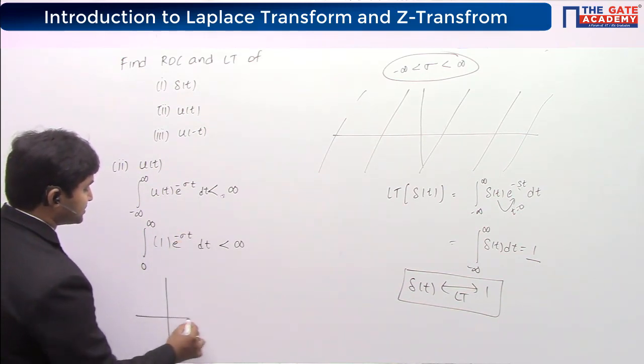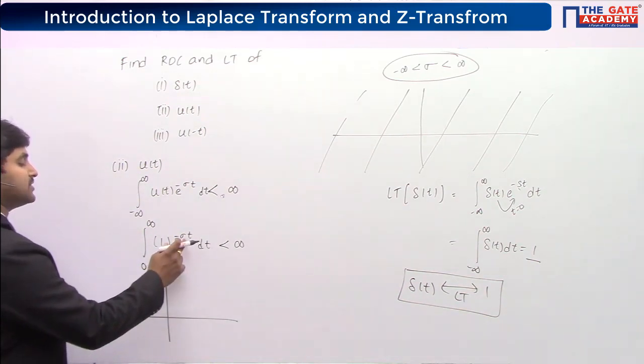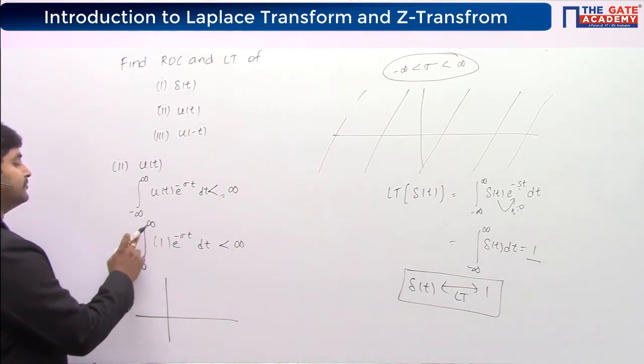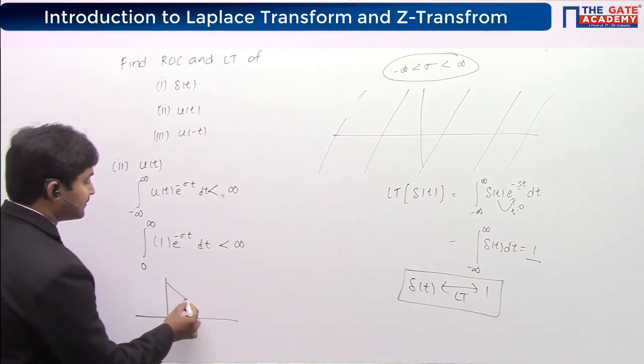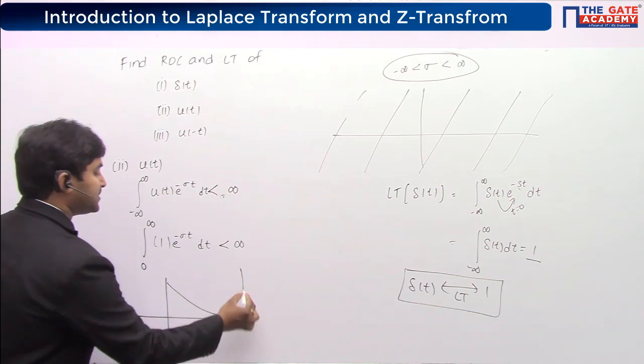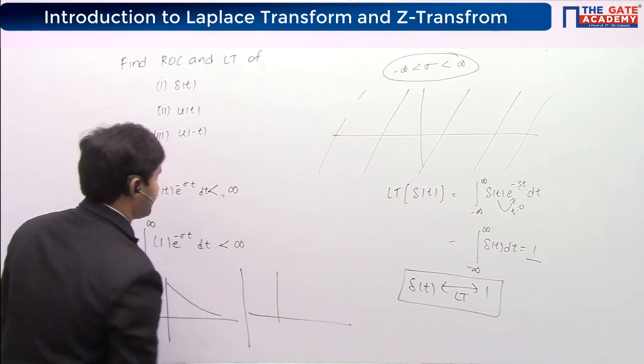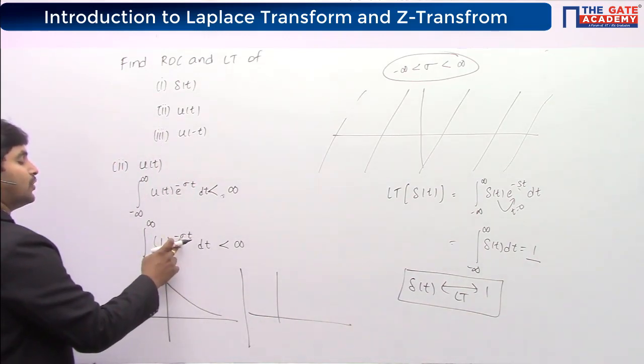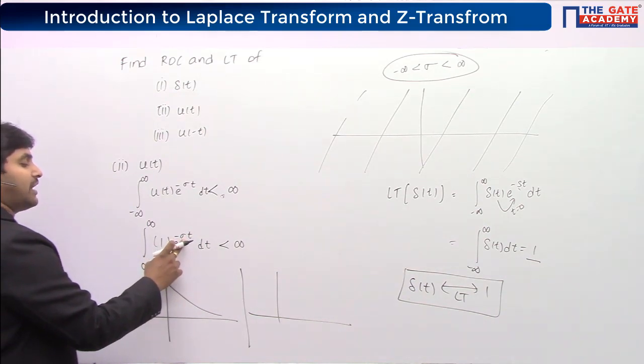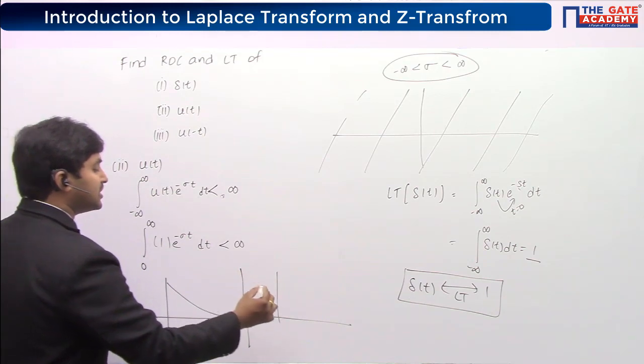If sigma is positive, we are only talking about 0 to infinity, and the function will be something like this. If sigma is negative, for example sigma equal to minus 1, then minus minus becomes plus, so you have an exponentially growing function.